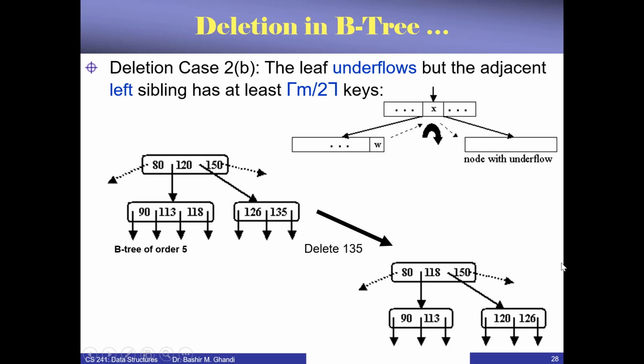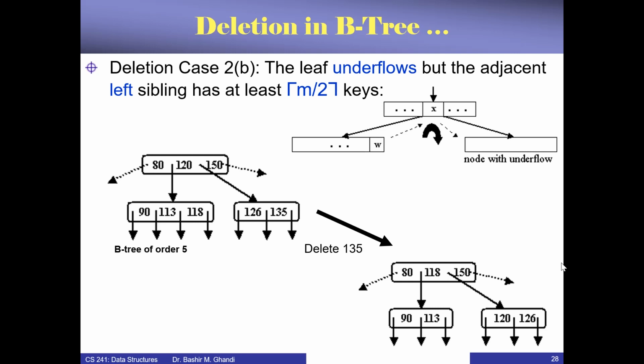So this is basically case number 2. The node will underflow, but you can borrow from either the left sibling or the right sibling. In case you have both options, because it's possible that the node you are deleting is somewhere in the middle of a left and right sibling, and both of them have more than the minimum, then you have two options.